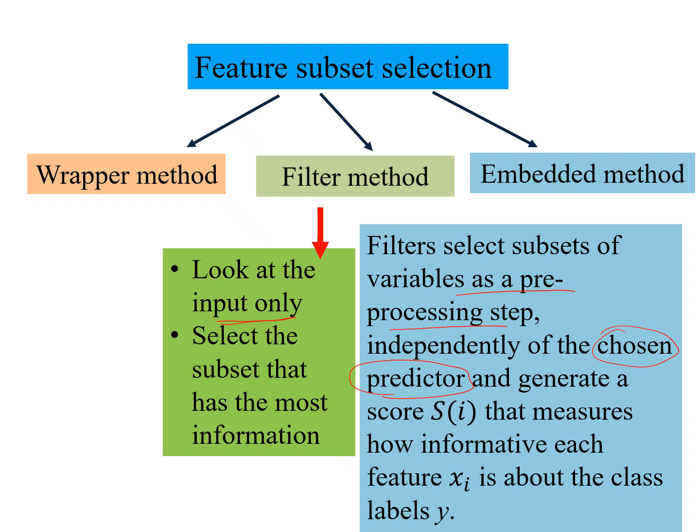Here we are doing this subset selection as a pre-processing step independent of the predictor and we generate a score that measures how informative each feature is about the class labels. So this is more of an unsupervised approach because we are looking only at the input and not at the target variable.